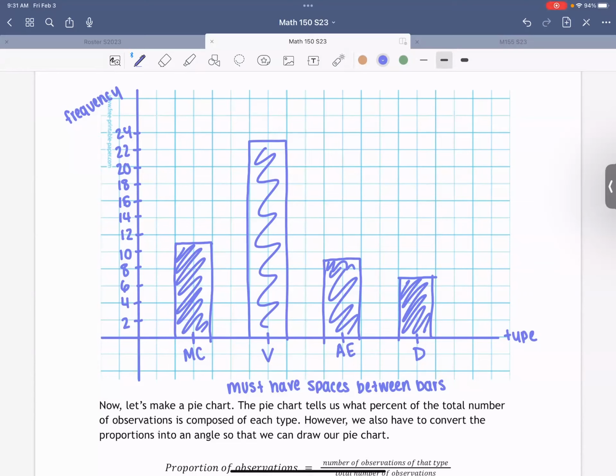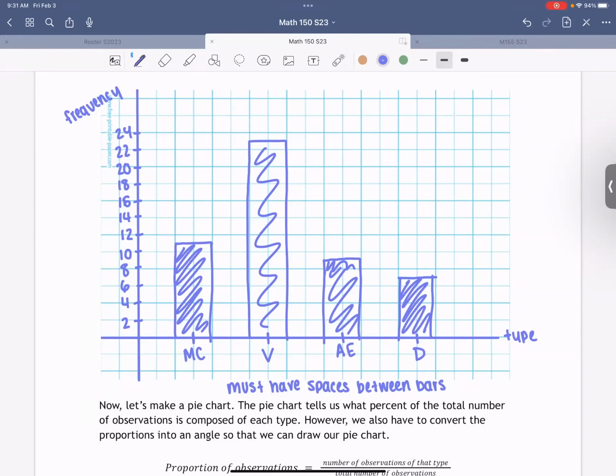Well, they're not connected, right? I think the whole point is MasterCard, Visa, American Express, Discover, these are things that aren't connected at all. So if you make the bars touch, it almost makes it seem like MasterCard flows into Visa and Visa flows into American Express and American Express flows into Discover. And that's kind of the reason why mathematicians are like, no spaces between the bars.